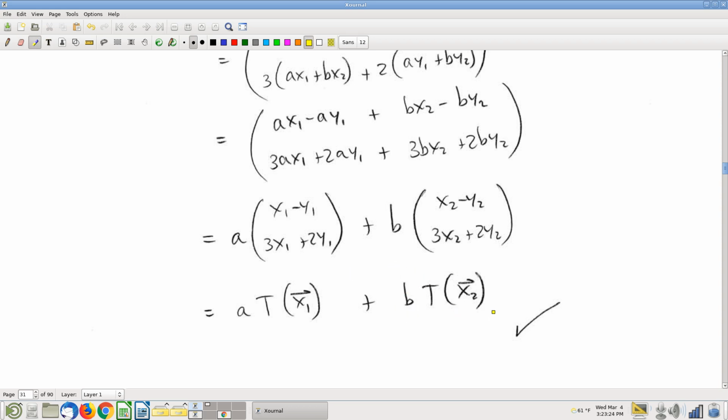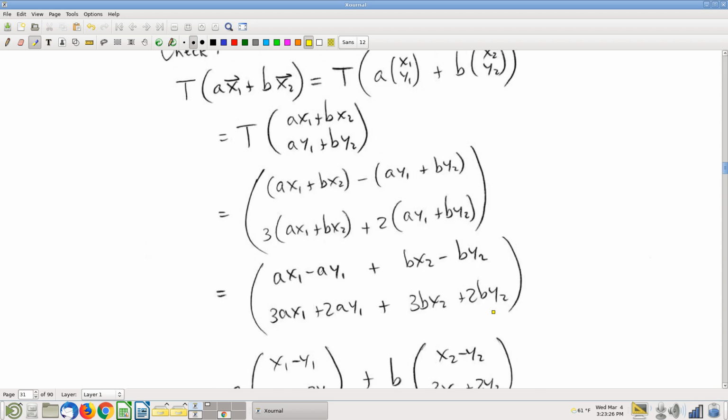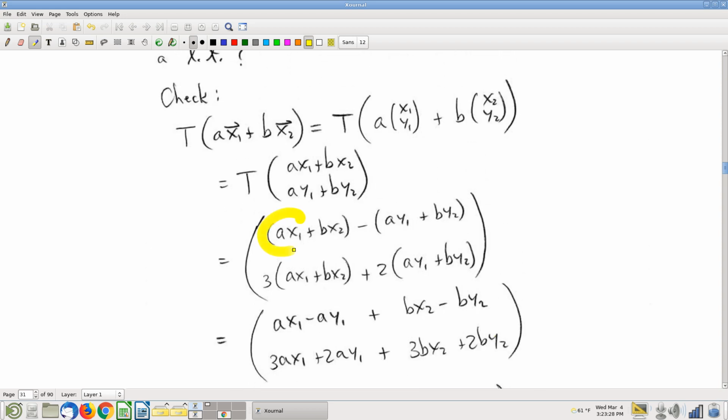So let's go ahead and do that with the terms, right? So these terms here need to come over to this side, and these terms here need to come over to this side. So nothing happened there. It's just algebra.